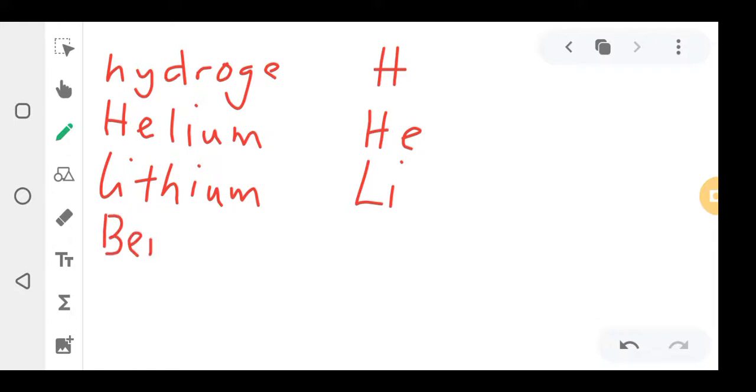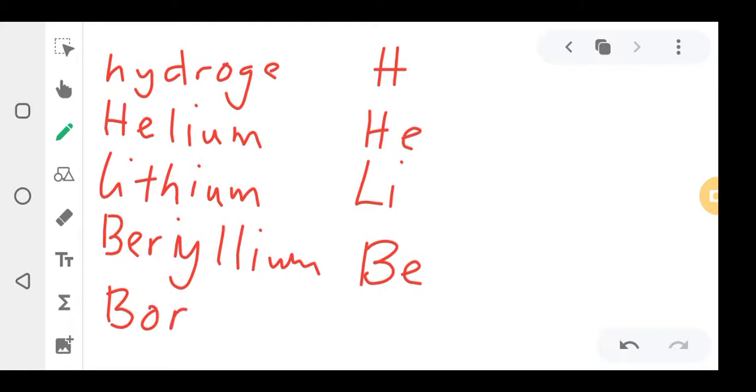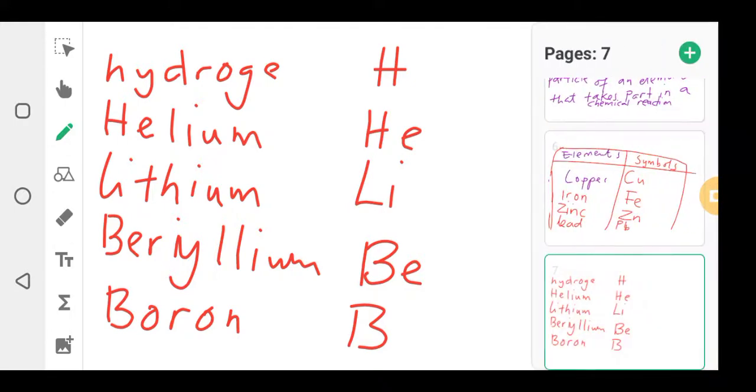Beryllium, Be. Boron, the symbol is B. Carbon, the symbol is C.